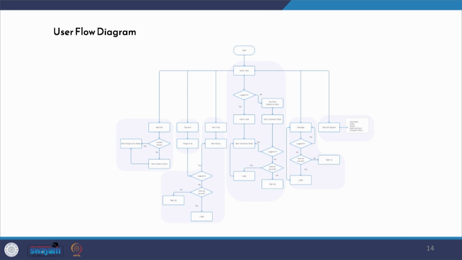And the main purpose of this flow diagram is to understand and visualize the user's journey, allowing designers and stakeholders to identify potential pain points and some areas where certain more improvements may be required in the user experience.